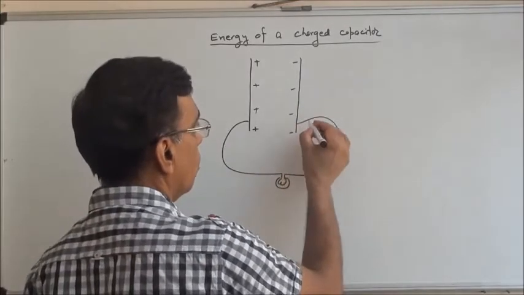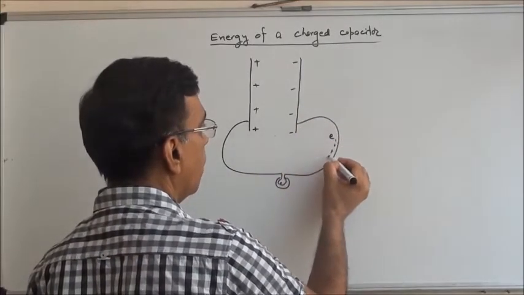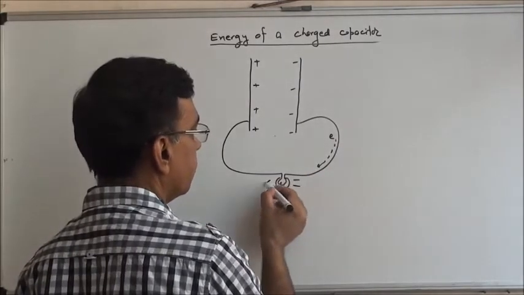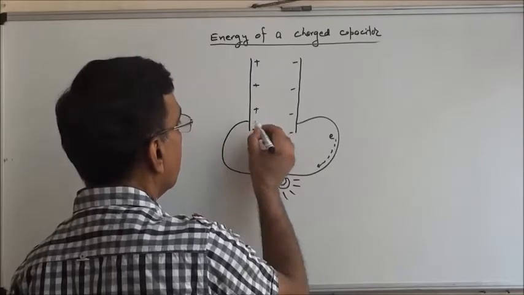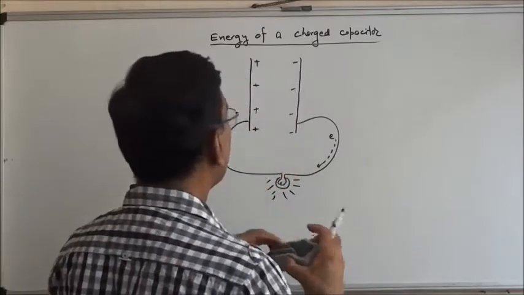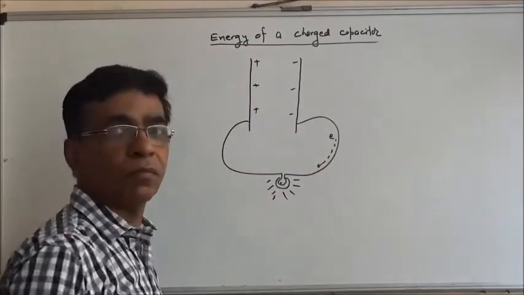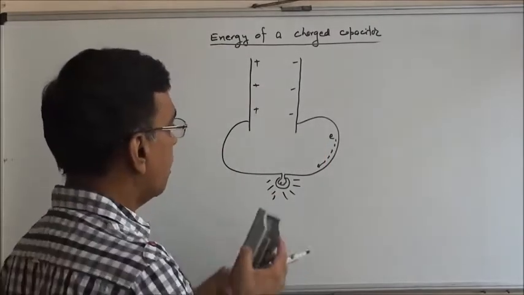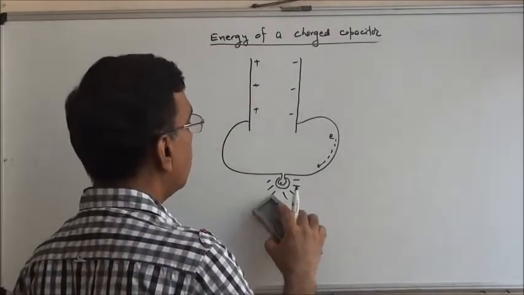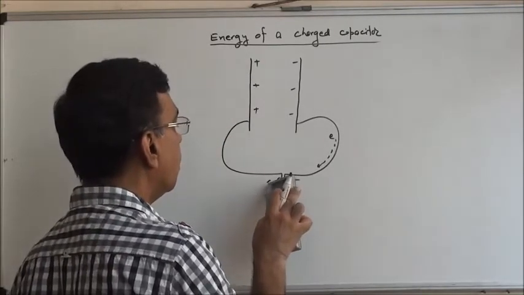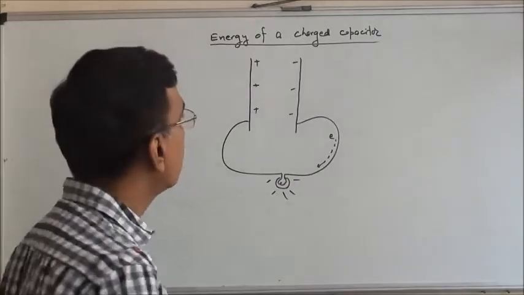This one electron will move like this, coming here, so the bulb will light, and will move here and neutralize one positive. So it has a certain brightness. Now the potential difference has reduced, so let me say its brightness will decrease.